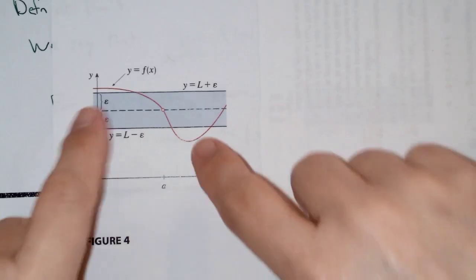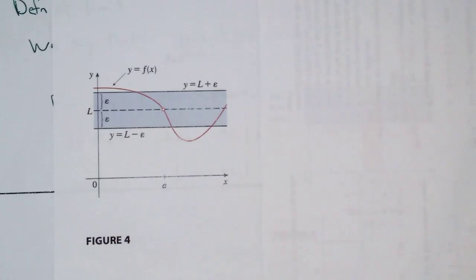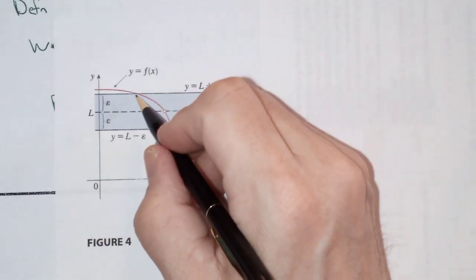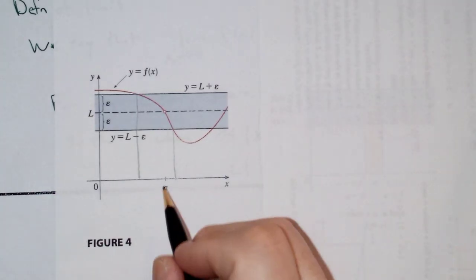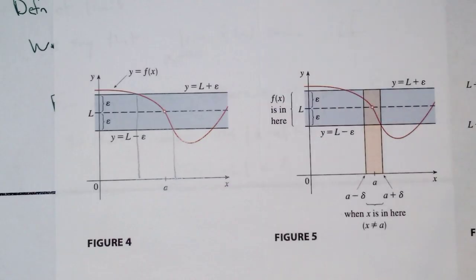But as soon as I hit one of these two, and you'll notice in this case, the one on the right appears a lot closer than the one on the left, yes? So I'm going to say, oh, as soon as I get this far, that's delta.